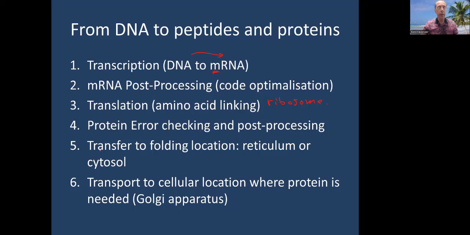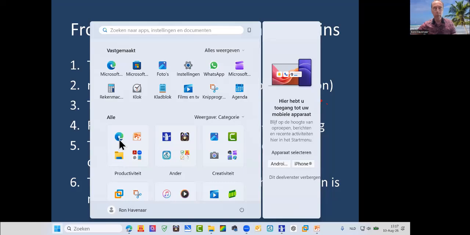Then in a later stage, number 5, it must be folded up. Why is that? Because the three-dimensional structure, how the protein is folded up, is what makes them effective. Why is that true? Because I have to draw a little drawing there.